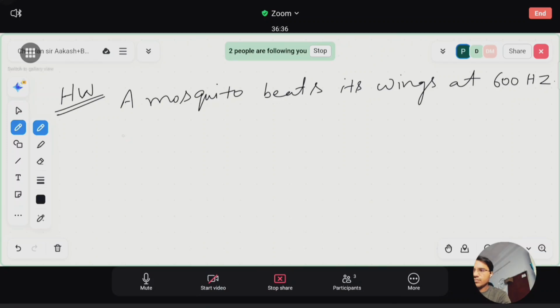What is given this? 600 is what? The velocity? No, please see the unit.